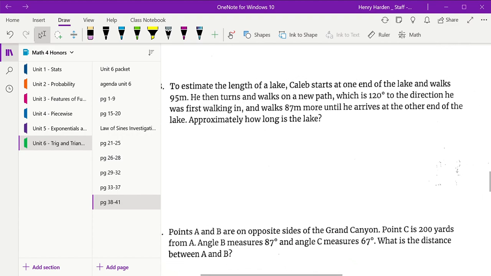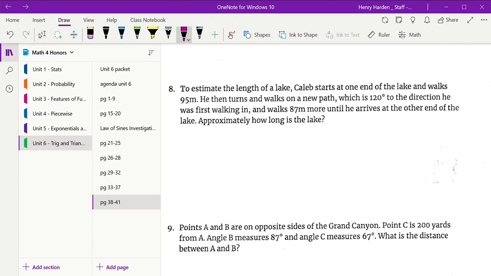All right, so to estimate the length of a lake, Caleb starts at one end of the lake and walks 95 meters. So I don't really want to draw. All right, so we got a lake, and to estimate the length of the lake, Caleb starts at one end of the lake and walks 95 meters.